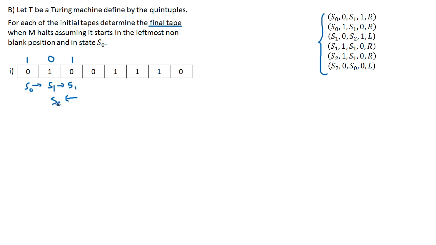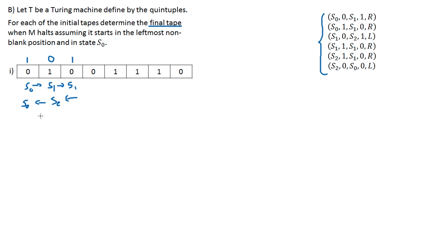So we're S2 and we're at 0, not 1. This is the current state. So S2 0 will send us back to S0 with the value of 0. So the 0 stays 0, and we go to the left again and return to S0.